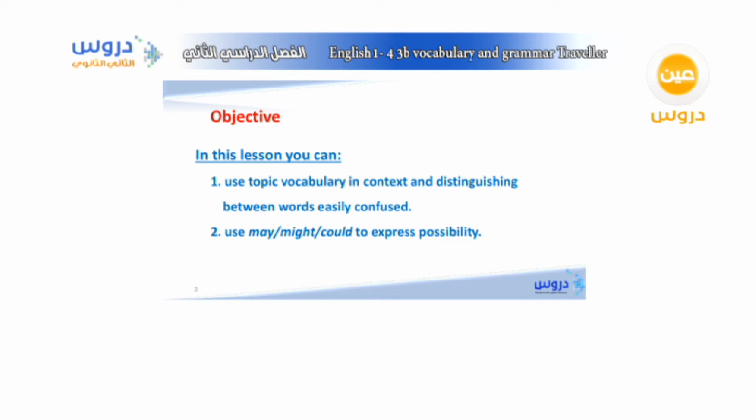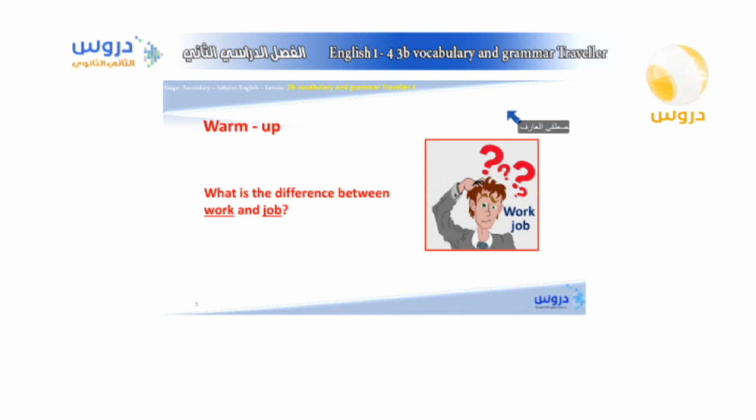If we go to the first two words, which are a little bit confusing, we have work and job. We need to distinguish between the word work and job, or career and profession. Sometimes we have the same meaning and sometimes we have slight differences.